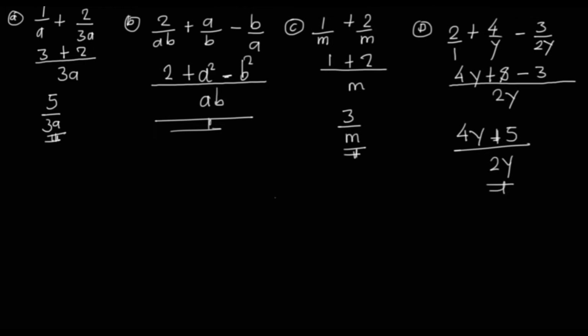Now let's look at more examples. This time we are going to look at algebraic fractions where we have an operator of multiplication. So let's look at the first part here. The first part is a over 3 multiplied by 2a over 5.